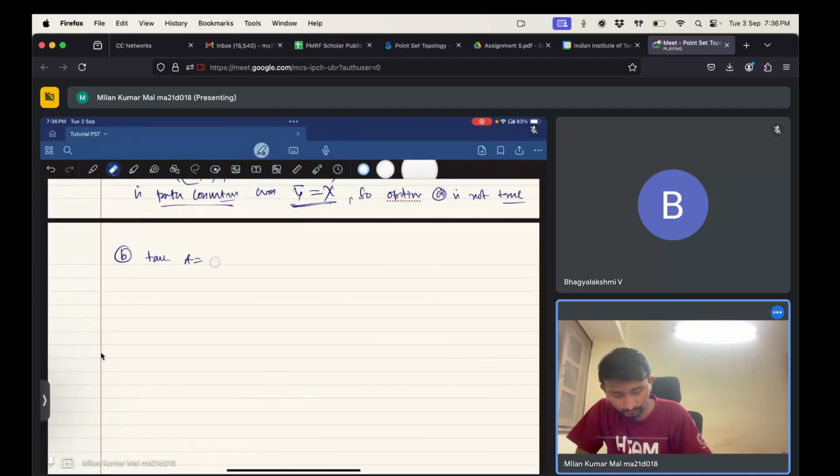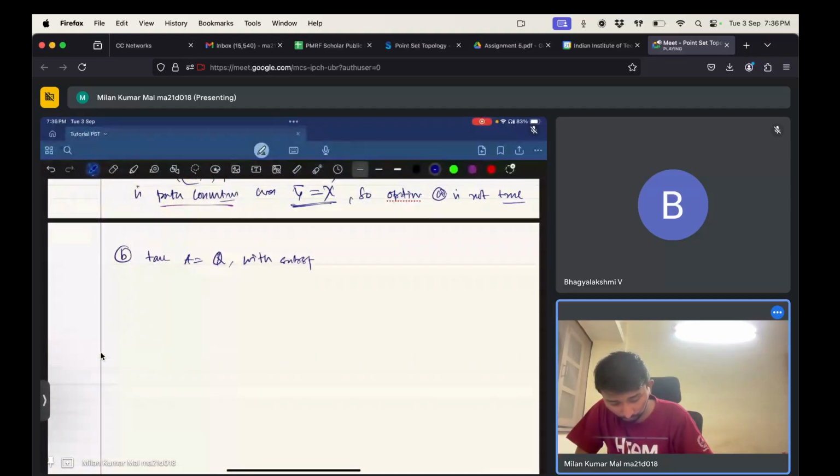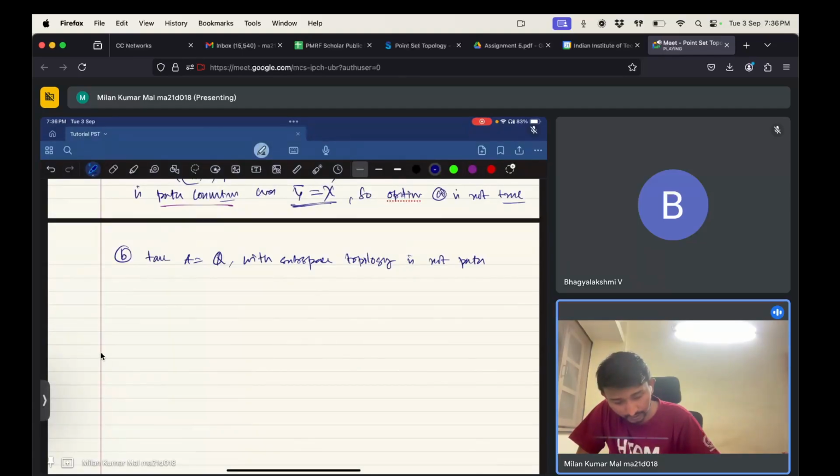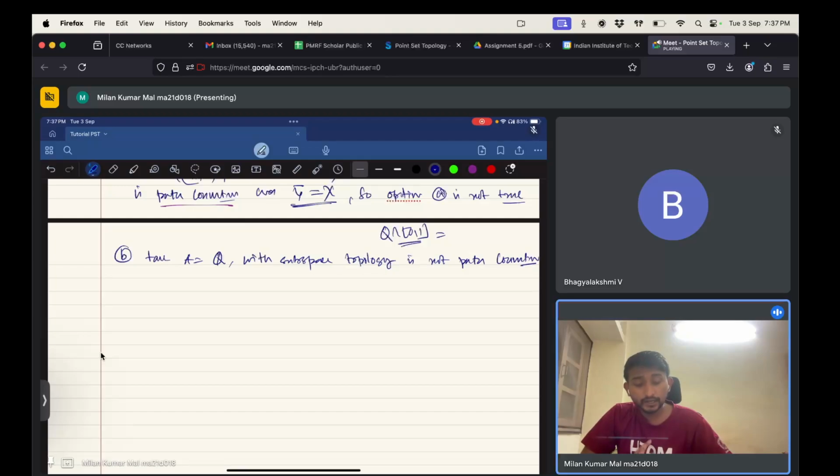the rational numbers with subspace topology, which is not path connected, right? That I have seen. Why is this not path connected? Because in subspace topology, take Q intersection [0,1]. We have already discussed this. Let's take the point root 2.